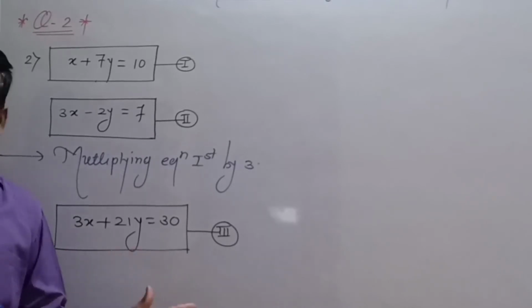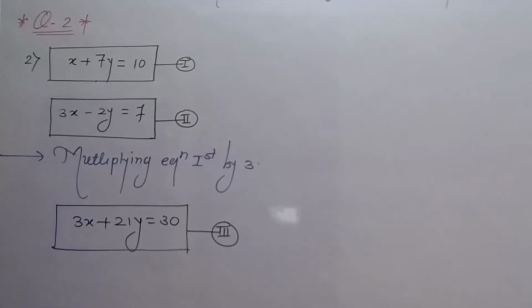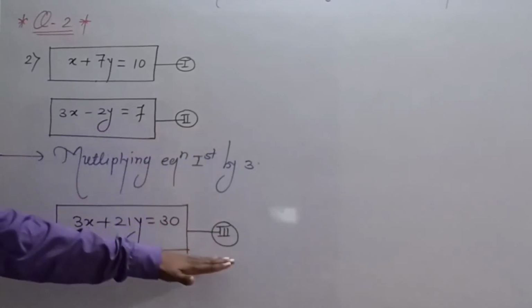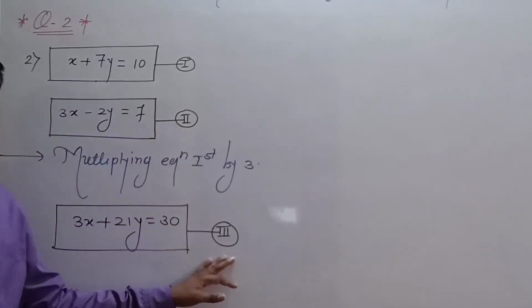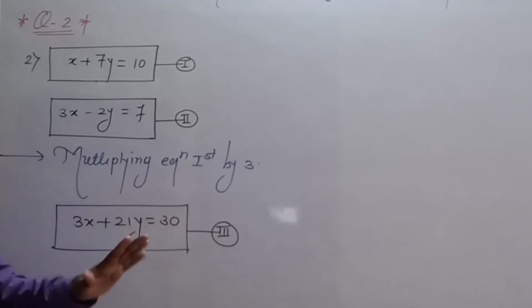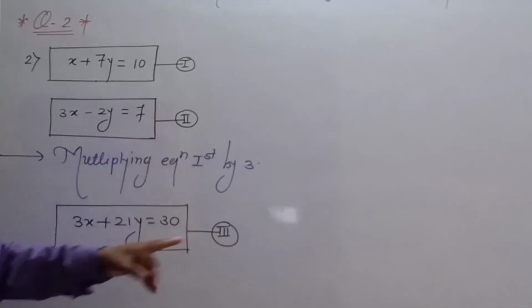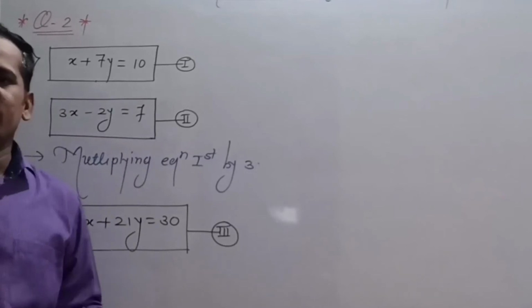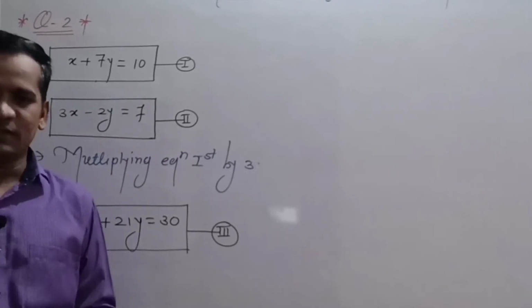If the sign is different, we add the equations, and if the sign is the same, that means subtraction. So in the case of equation number second and third, the coefficient of the variable is the same, so we will take these two equations. Now the sign of that 3x is plus, here is again plus, that means the sign is same. So let's take the subtraction of both equations.